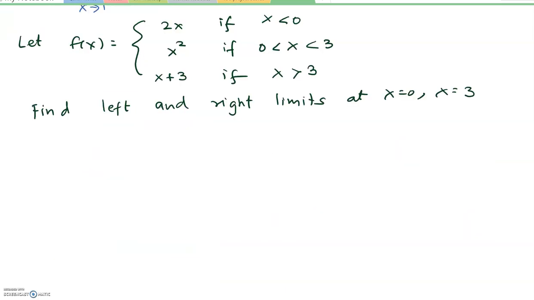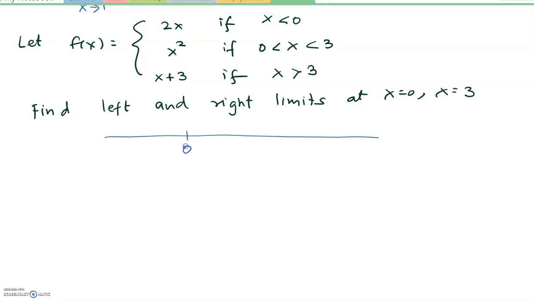Another piecewise function example here. We want to find left and right limits at x equal to 0 and x equal to 3. Even before that, let's organize this function first on the number line.